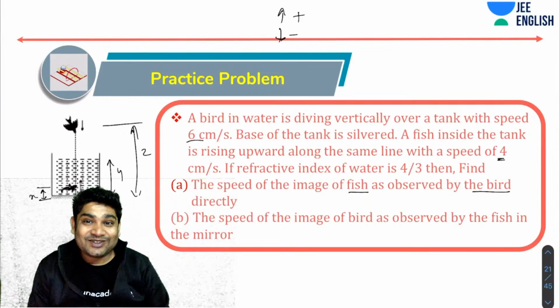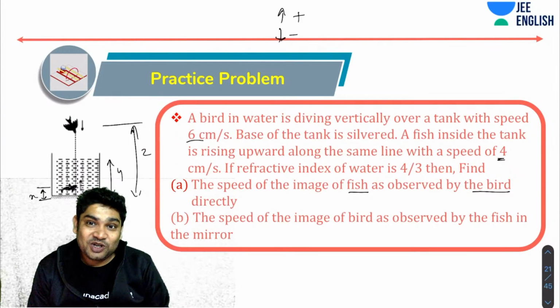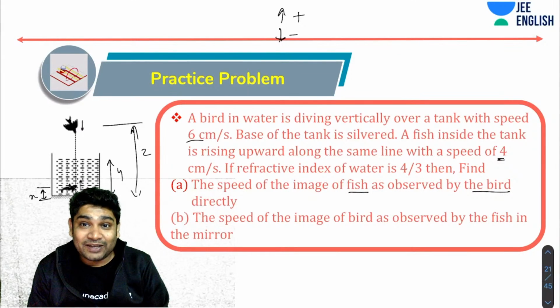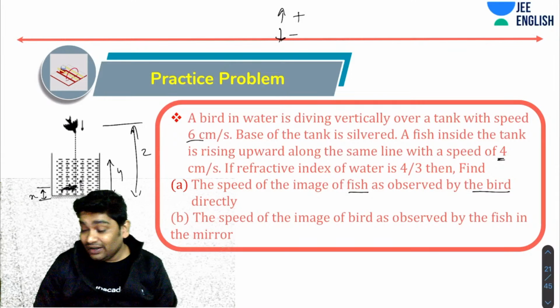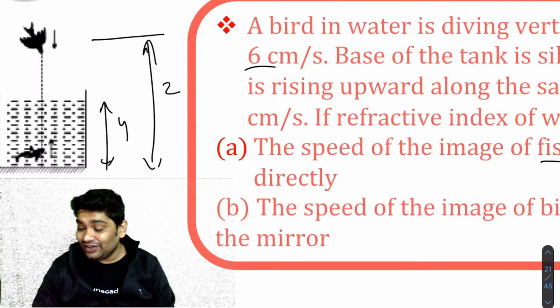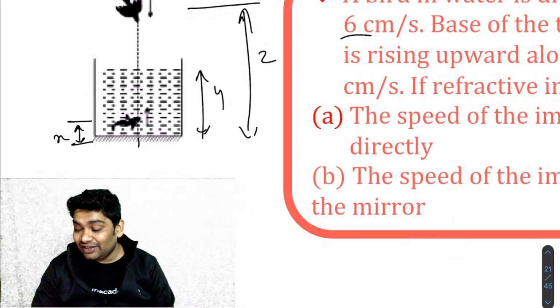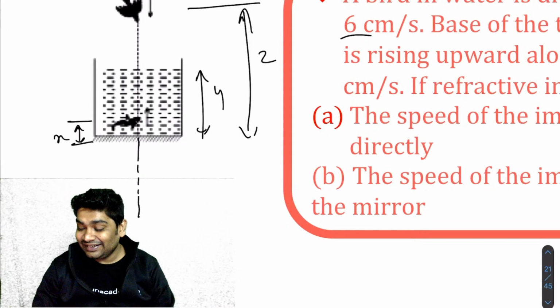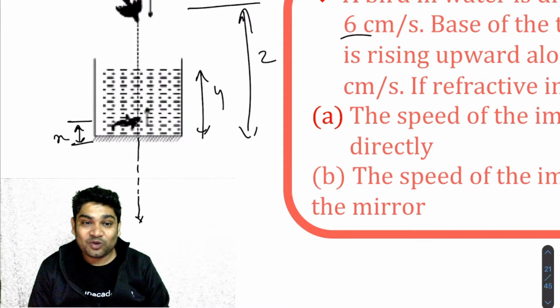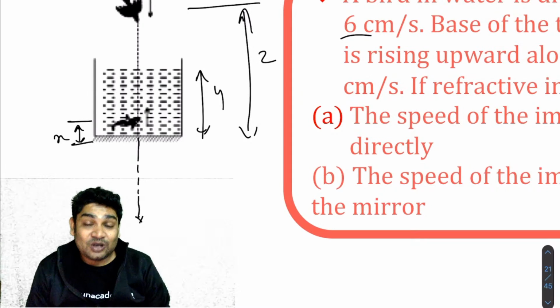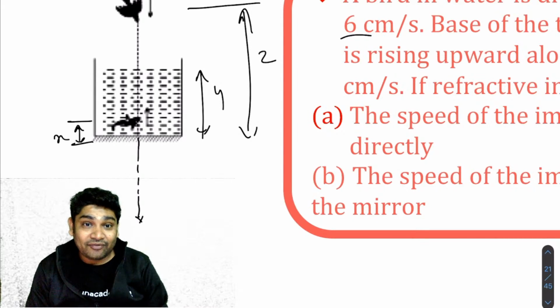So now let's talk about the next part. What is the speed of the image of the bird observed by the fish in the mirror now? In the mirror, you will realize, where will the image of the bird be as seen by the fish? Now please note that the fish is looking at the bird from water.